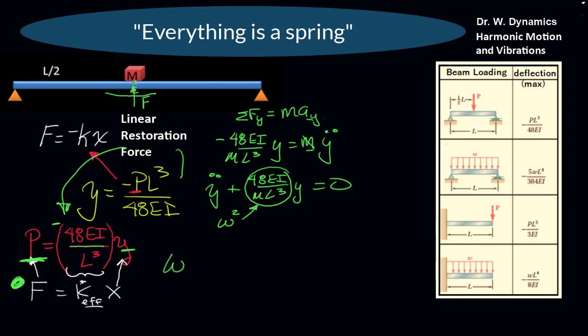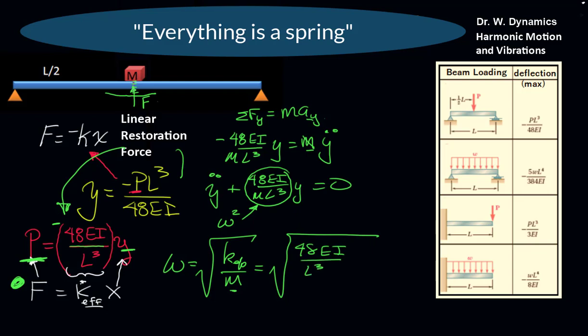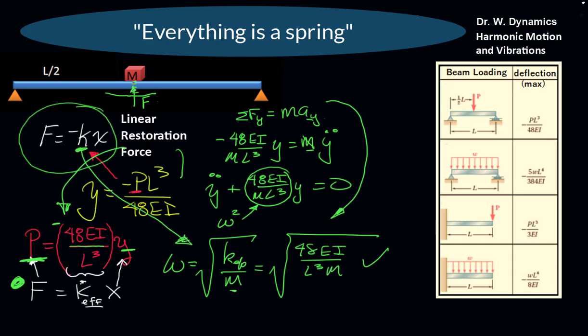We could have just said that omega is the square root of K effective on M, the oscillatory mass, and we would have gotten the square root of 48 EI over L cubed M, and we would get the same value without even going through the steps of setting up the characteristic equation. So once we become comfortable with the equations and how they work, we can even just look for the restoring force. And from the restoring force, we can jump right to a solution for the period.